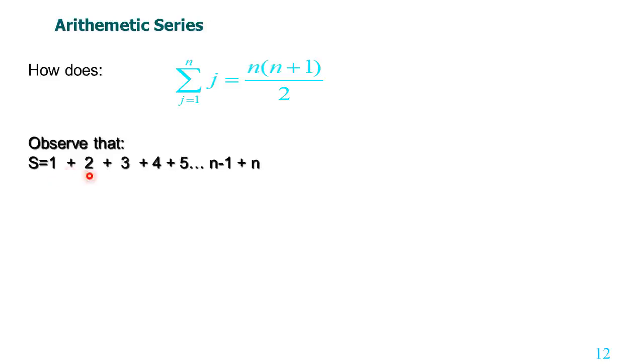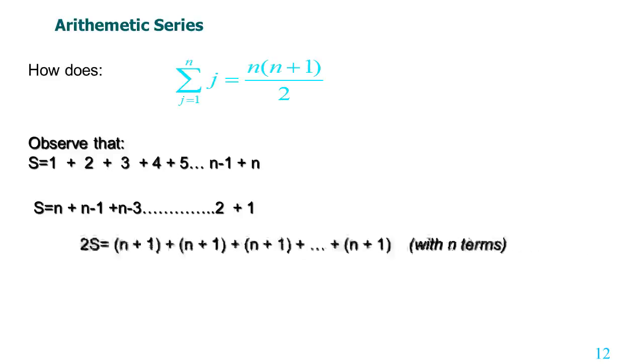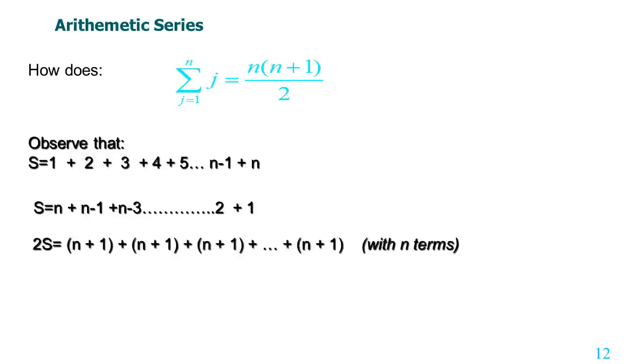S is equal to 1 plus 2 plus 3 plus 4 plus ... n minus 1, up to n. Next we write it in reverse. That means here we have n, n minus 1, n minus 2, in this way. Now add the two series.